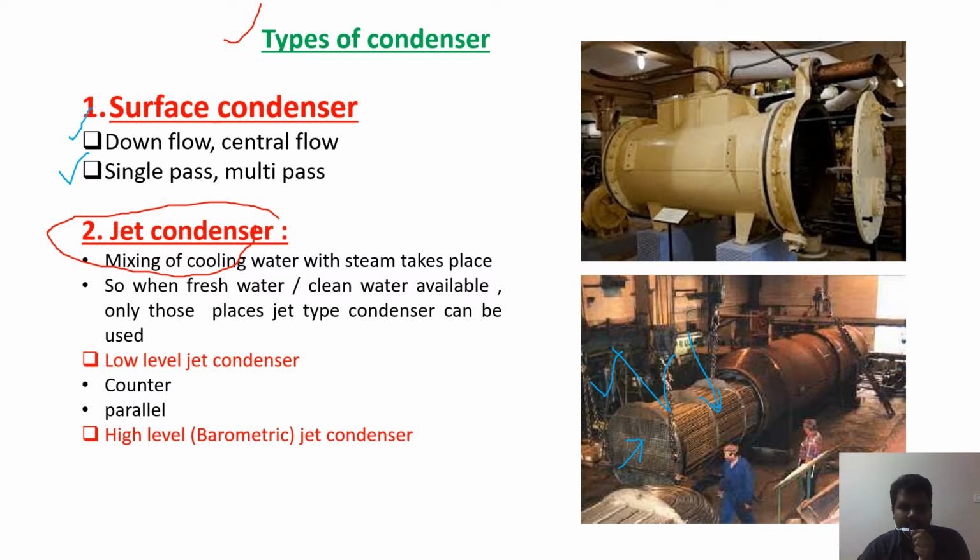Here there are two types: low level jet condenser and high level jet condenser. Again, the low level jet condenser is further divided into counter flow low level jet condenser and parallel flow low level jet condenser. We will see one by one.